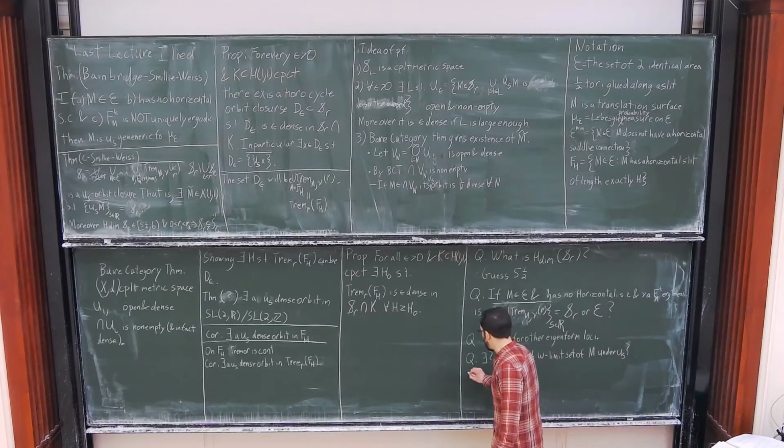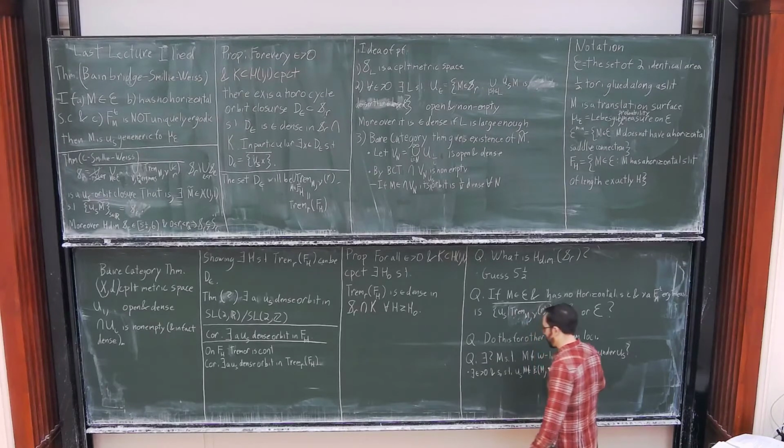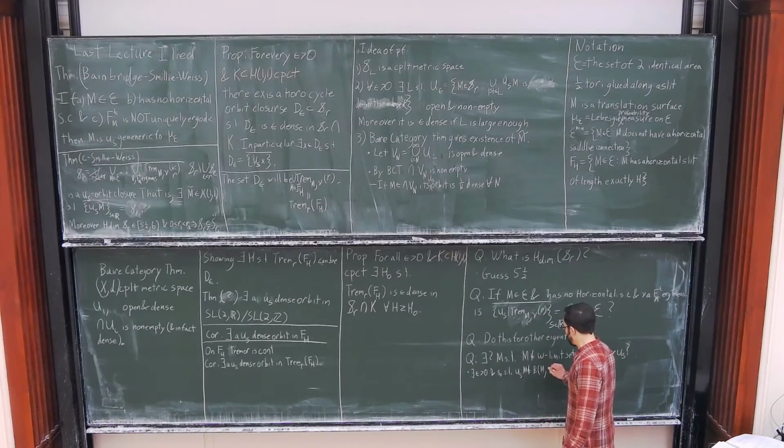What do I mean by this? I mean, there exists an epsilon greater than 0 and S naught, so that U_S of M is not in the ball placed about M of radius epsilon for all S bigger than S naught.